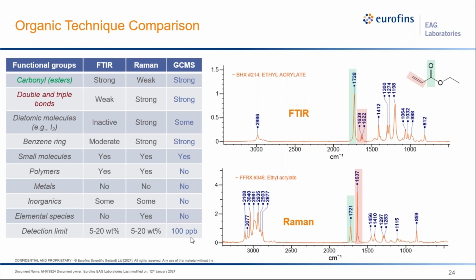The last point I want to make, which is a really important point, is about detection limit. So FTIR and Raman have a similar detection limit, 5 to 28%, and it really depends on the matrix, but that's kind of a general guideline. So they're not particularly sensitive. In contrast, GCMS is orders of magnitude more sensitive and can detect very trace species, down to hundreds of parts per billion.